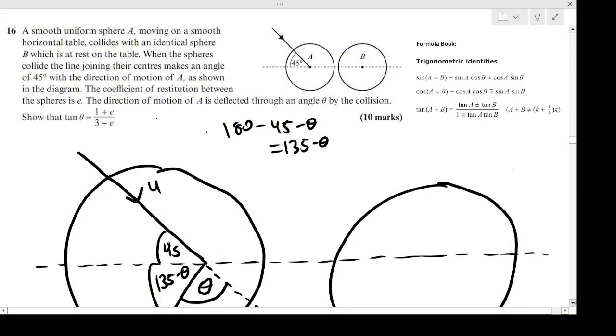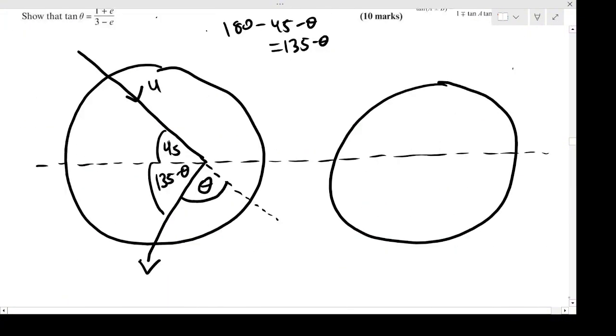So B has no movement originally. What about my components then? This is my initial velocity, so it's going to go down, and then it's going to go to the right as well. So this is going to be u sin 45, and this is going to be u cos 45. Hopefully happy with my two components there.